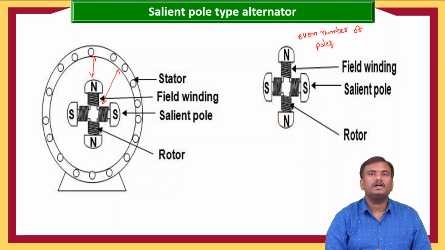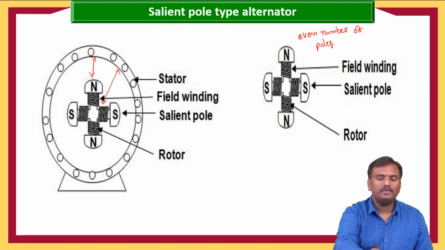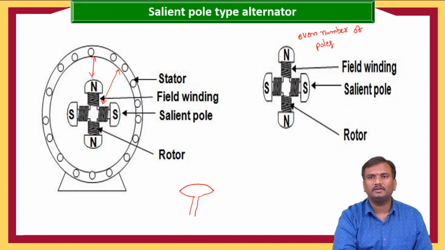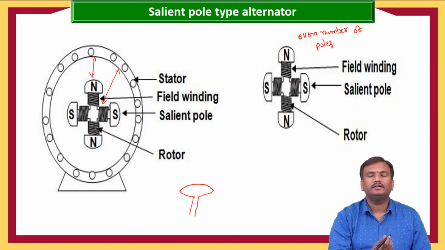In order to reduce the non-uniform distribution of flux, we use poles with pole shoes, like this. This gives some reduction in the non-uniform distribution of flux.